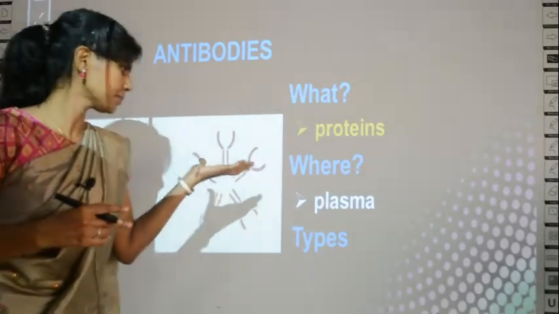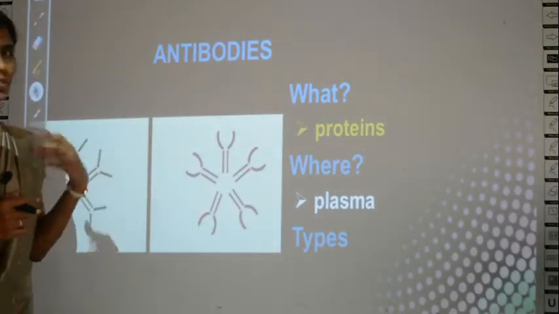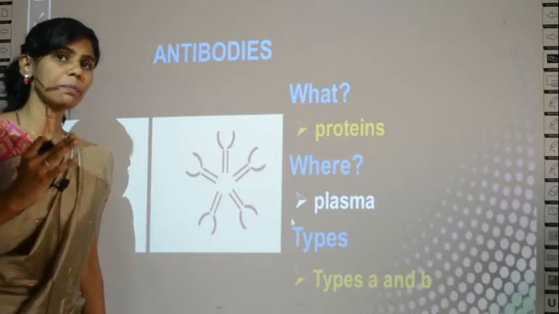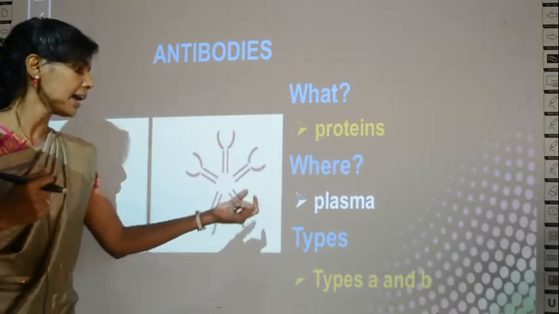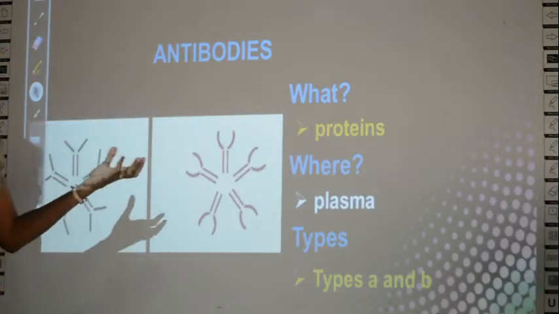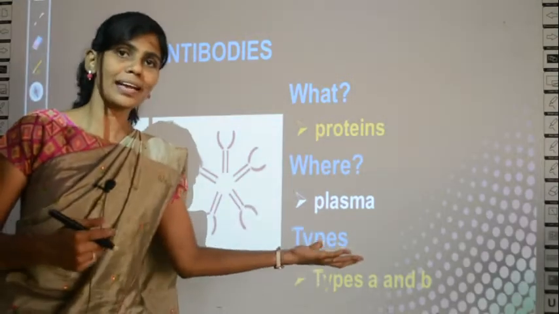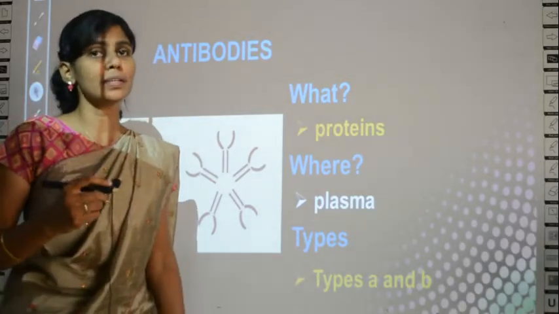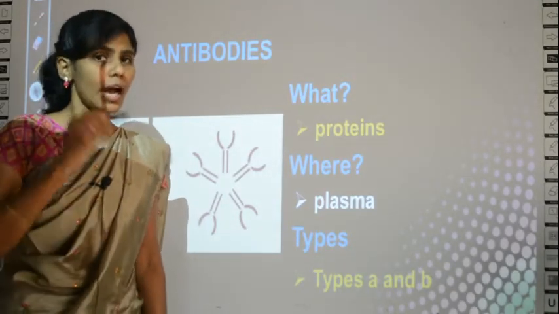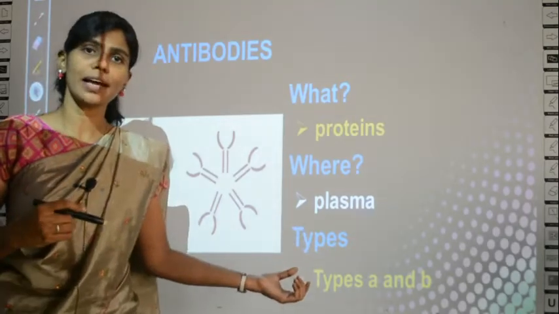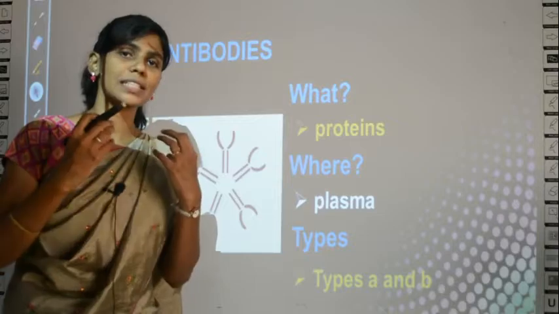So these are the structures of antibodies. Again, just like the antigens, antibodies are of two types called antibody A and antibody B. What are the two types? Antibody A and antibody B. If you observe carefully, when I have written the name for antigen, I used capital A and B, whereas for antibodies I have used small letters a and b.